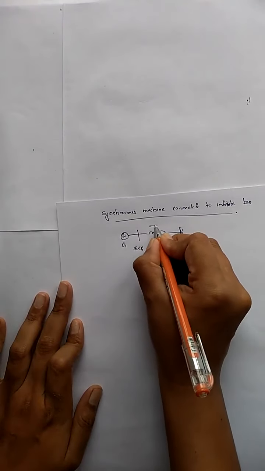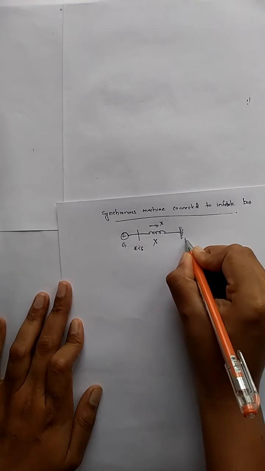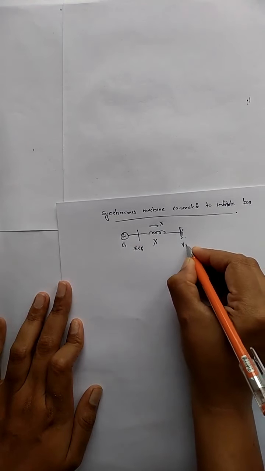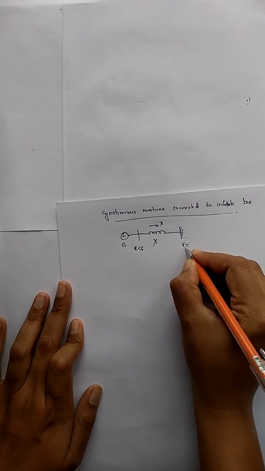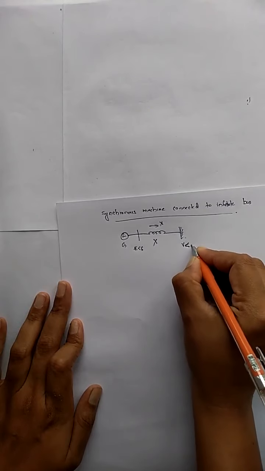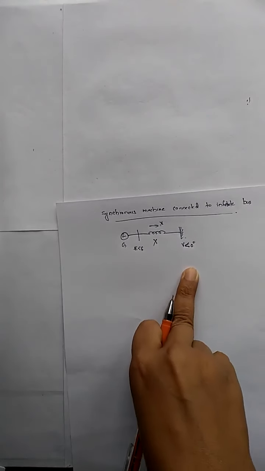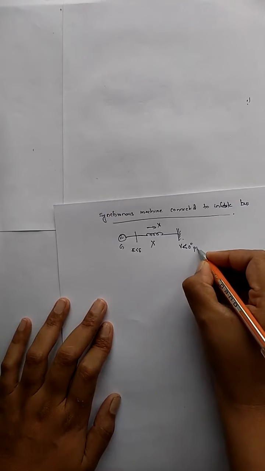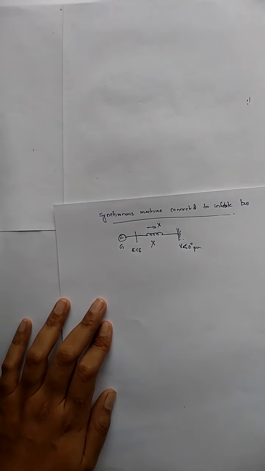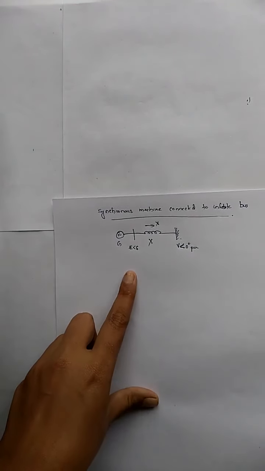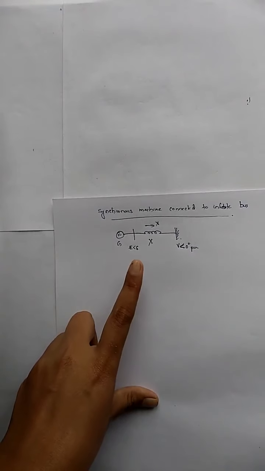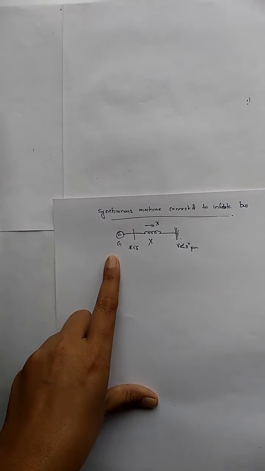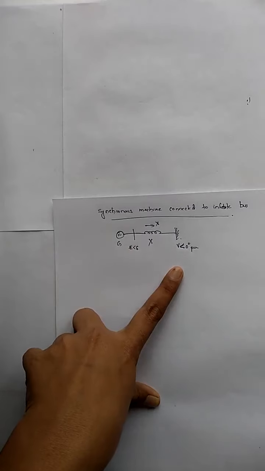From this generator, the current will flow to an infinite bus bar. The infinite bus bar voltage is V angle 0 degree, the reference, in per unit value. So this is a diagram of a synchronous generator connected to an infinite bus bar.